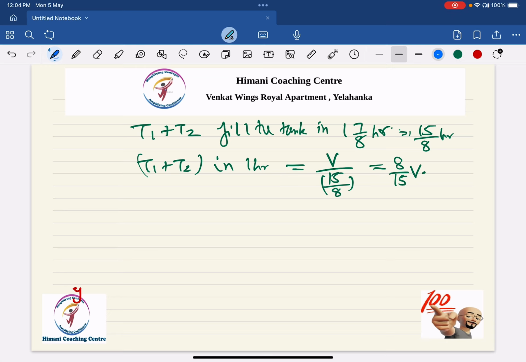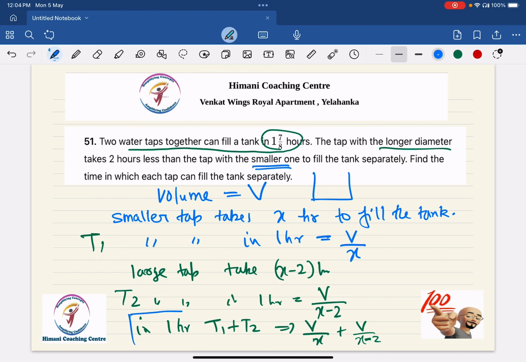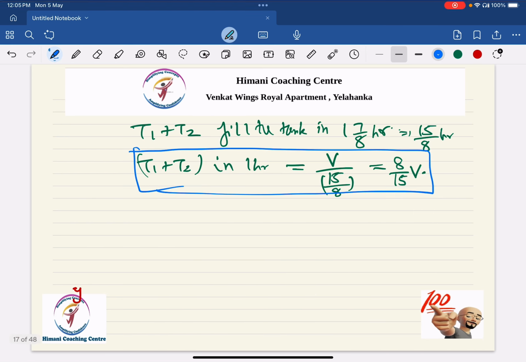Now we have got the equation for T1 and T2 filling the tank in 1 hour in terms of variable as well as in terms of numbers given in the question. So let us bring them together.